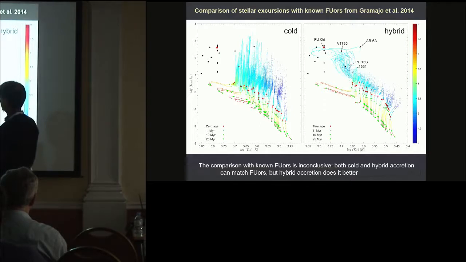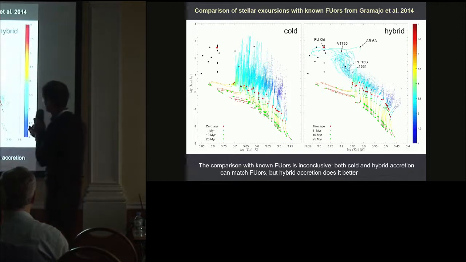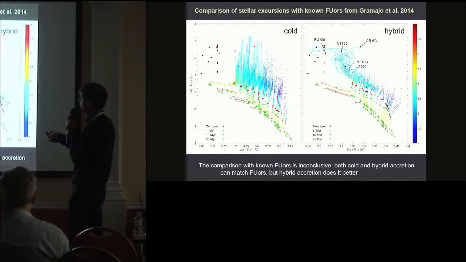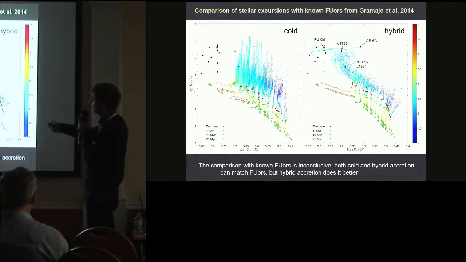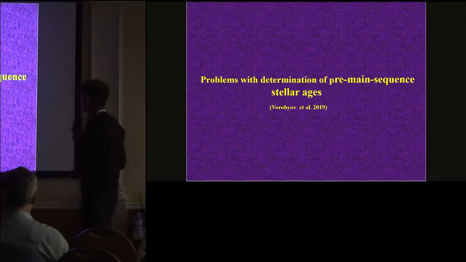So now the excursions are vertical. They do not go to the upper left part, but just go up. We can still explain some of the bursts in the framework of cold accretion, but the hybrid accretion does a better job. This is, by the way, where FU Orionis is sitting. So we can reproduce this FU Orionis cell.